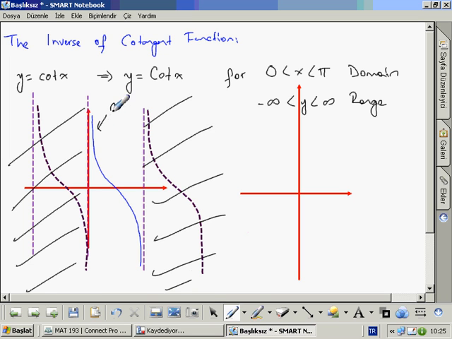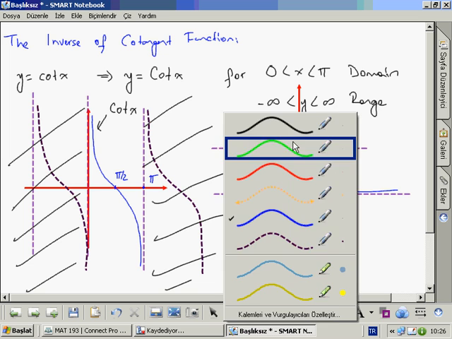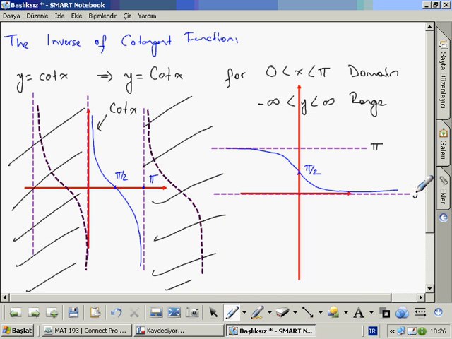This is cotangent x, and so the inverse cotangent x will be, okay, this point is pi over 2, this point is pi, and of course the horizontal asymptotes are pi and 0. That is y equals arccotangent x, okay.